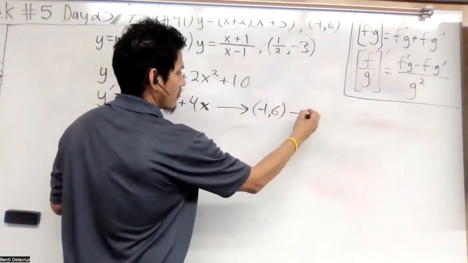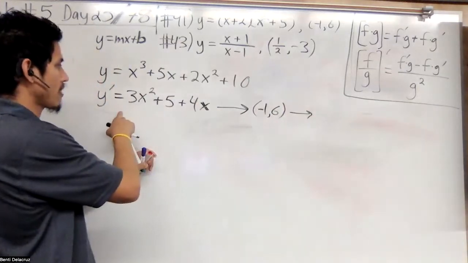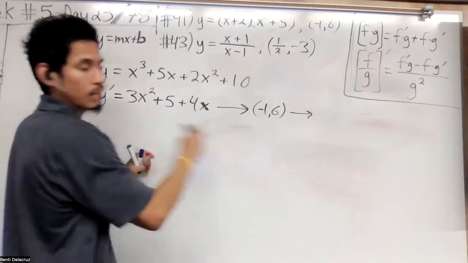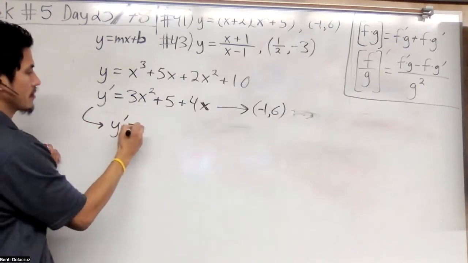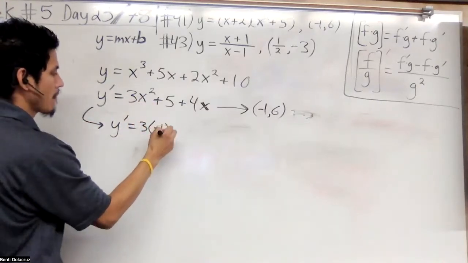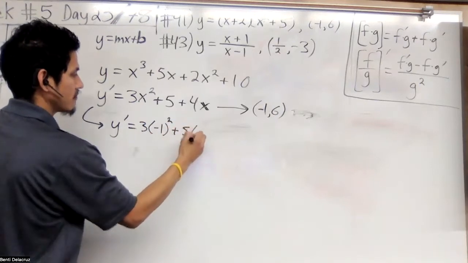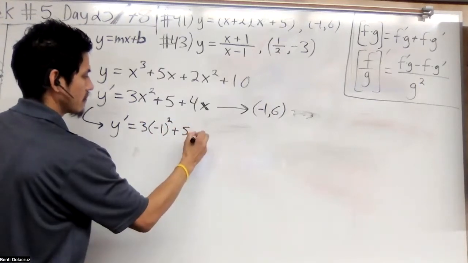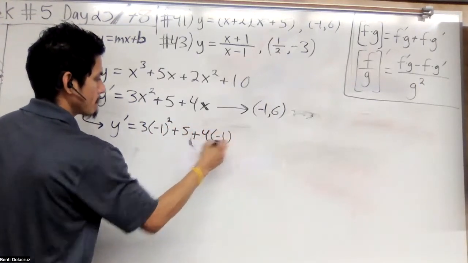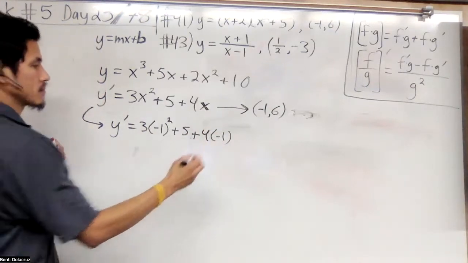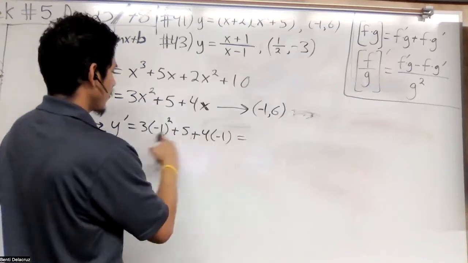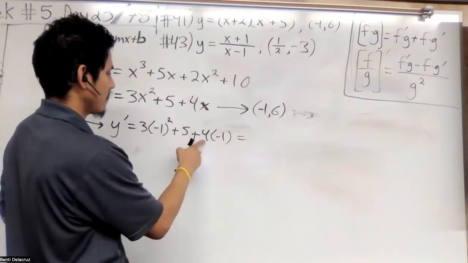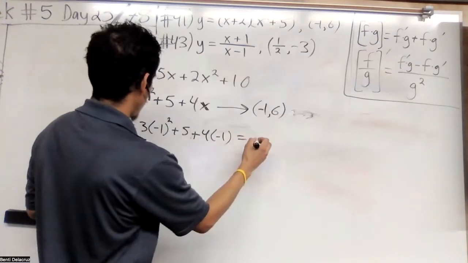I'll get that y prime will be 3 times -1 squared plus 5 plus 4 times -1. Simplifying this, I'll get 3 plus 5 minus 4. So 3 plus 5 is 8, minus 4 is 4.